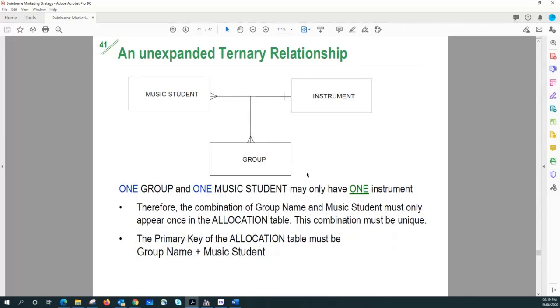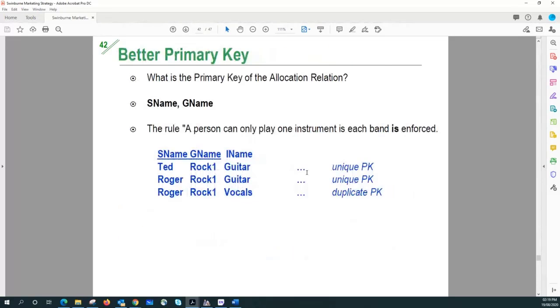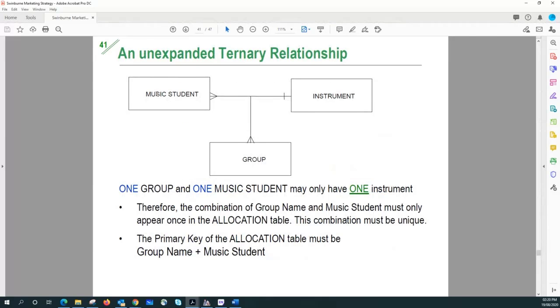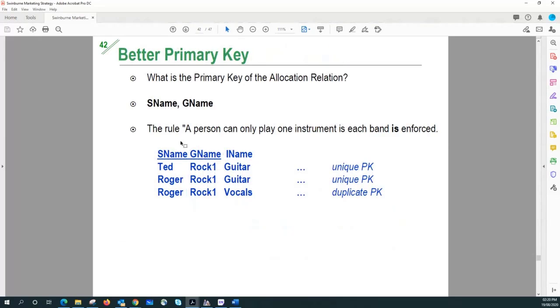So that means if I underline the student name and the group name, that's enough for a primary key. Because one music student in one group can play only one instrument, so one student and one group cannot be repeated many times in the allocation table.